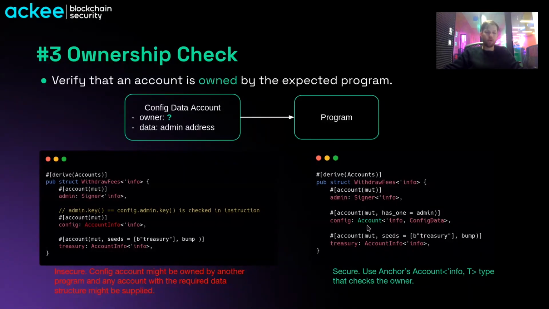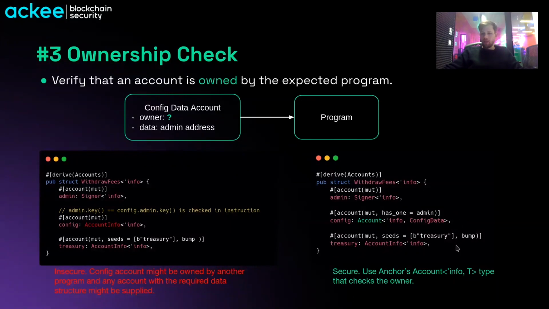And what I want to show here is that in most cases, if you have an account that you would like to deserialize, so a data account, then you will anyway use the account type, because then you have to also supply the type or the structure that you would like to deserialize. So it's not very likely that you would use the account info. In that way, Anchor is quite intuitive. But anyway, I wanted to show you the ownership exploit, so you know that it may happen.